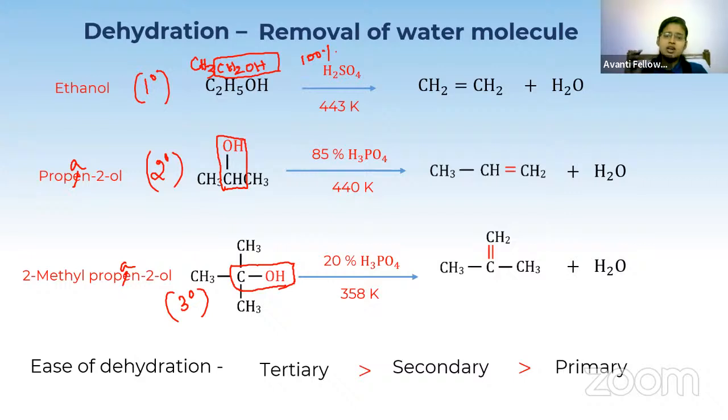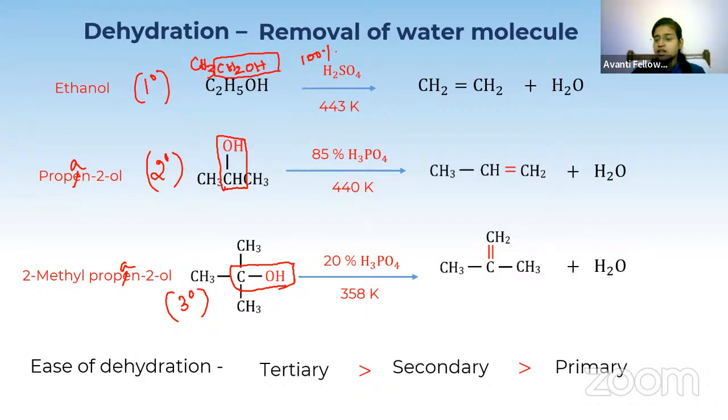So very less concentrated dehydrating agents are enough to remove the water from the alcohol in the tertiary case. Is it clear to all of you? Tertiary is more reactive than secondary, and secondary is more reactive than primary for the dehydration reaction. Any doubt?